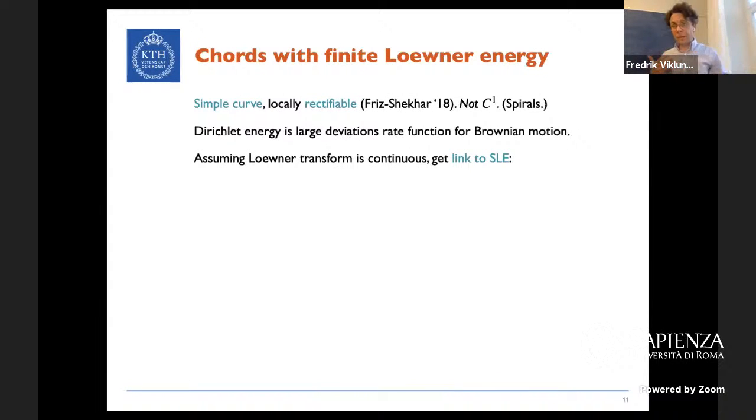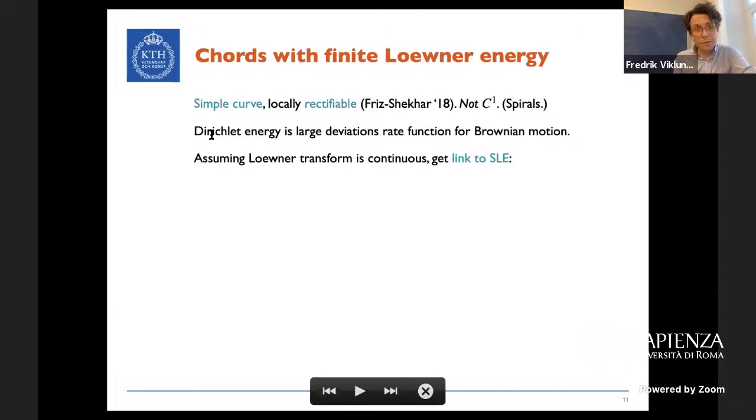So I guess many of you probably already anticipated the link to probability, or to SLEs in particular, and it's the following. Of course, the one-dimensional Dirichlet energy is the large deviation rate function for Brownian motion. This is a classical result.